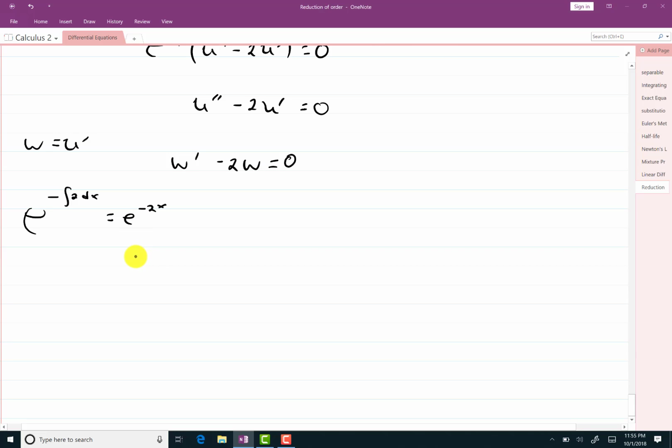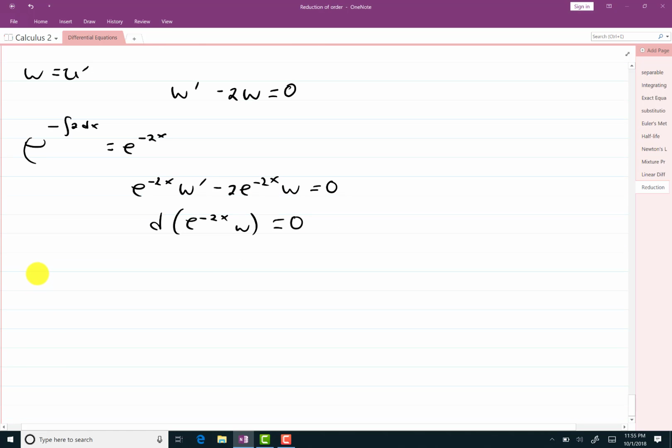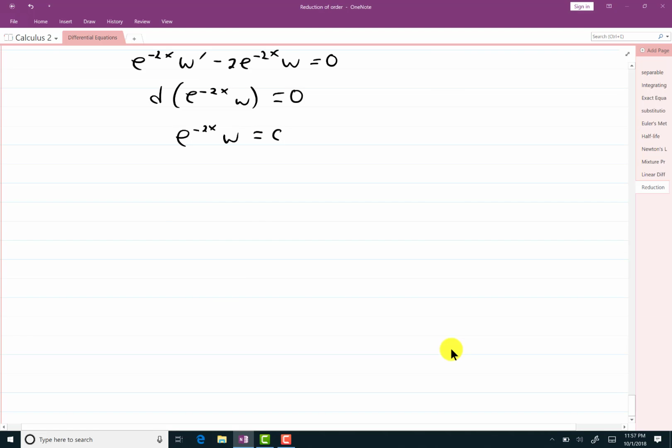I'll get e to the negative 2x w prime minus 2e to the negative 2x w equals 0. The left side is d of e to the negative 2x w. Set that equal to 0. That means e to the negative 2x w will equal a constant. From this we get w equals c e to the 2x.